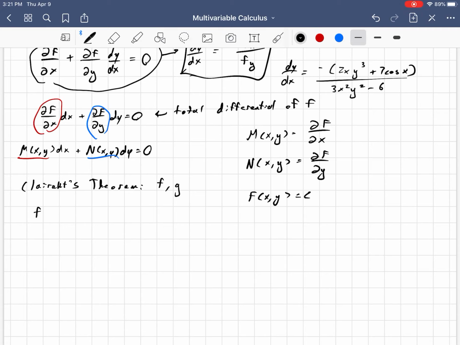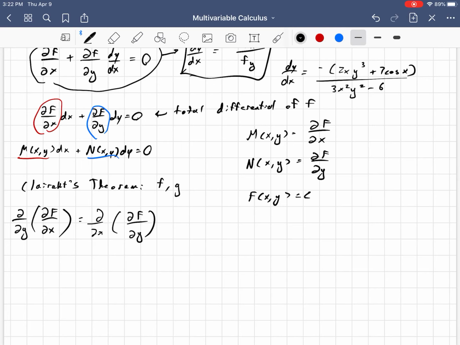So what this means is that if I take the function f, the partial derivative of f with respect to x, and then take that partial derivative with respect to y, then by Clairaut's theorem, it should be equal to the partial with respect to x of the partial of f with respect to y.